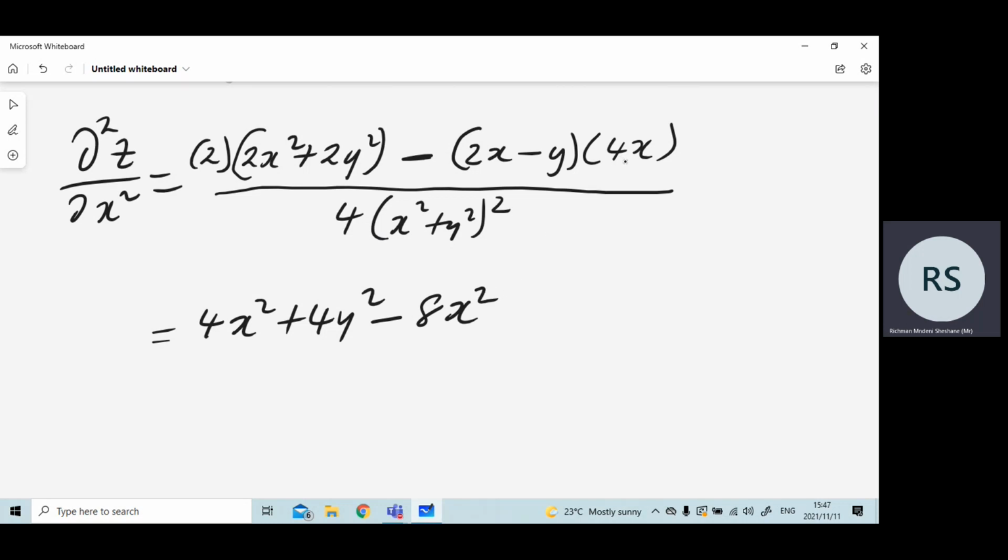Now multiplying 4x and minus with the second term, which is minus y: negative times negative will be positive 4xy. Then I add brackets in my numerator.